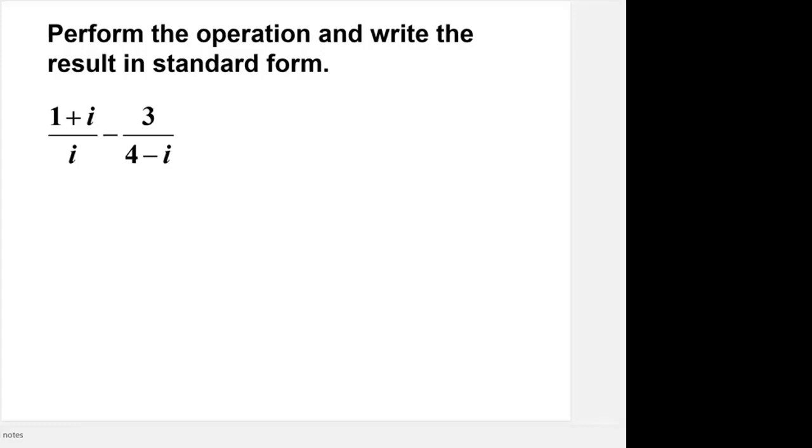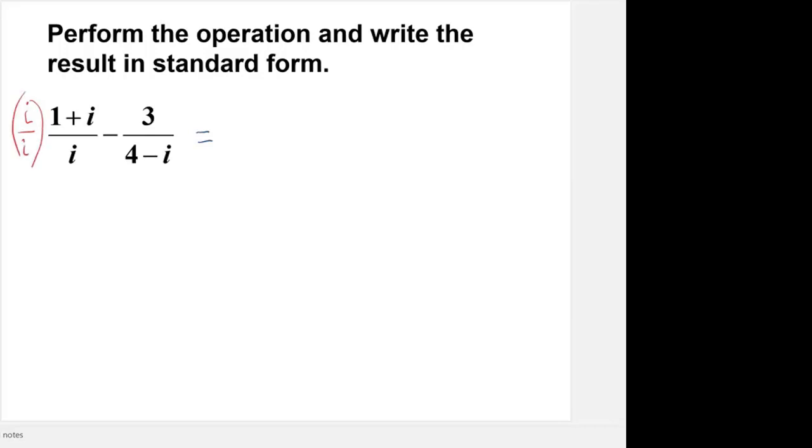We're going to look at first 1 plus i over i. And I really need to get rid of the i in the denominator because I can't have any i's in the denominator. They can only be in the numerator. I can multiply both the top and the bottom by i, right?